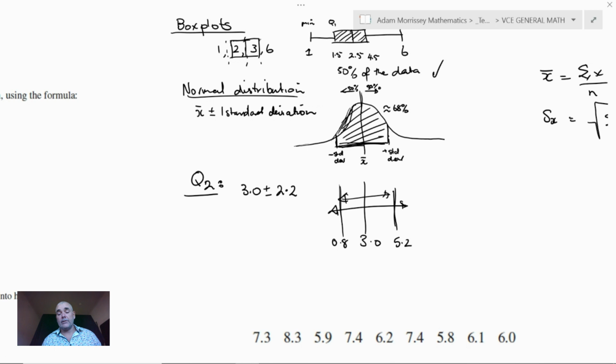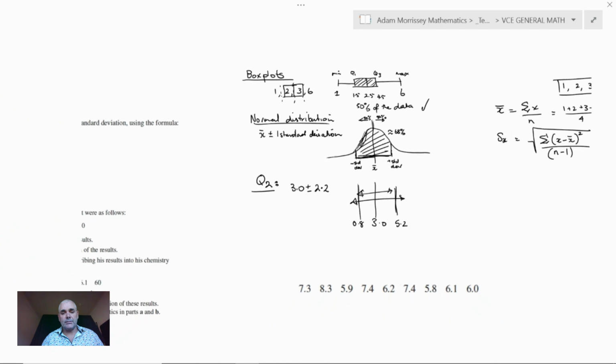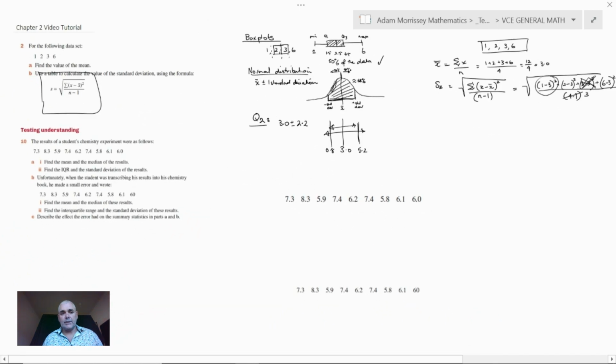We've only got a really small sample, so to see that better we would need a larger data set. But for the purpose of giving you that demonstration, it's good just to play around with some small numbers here. And we might return to this shortly.